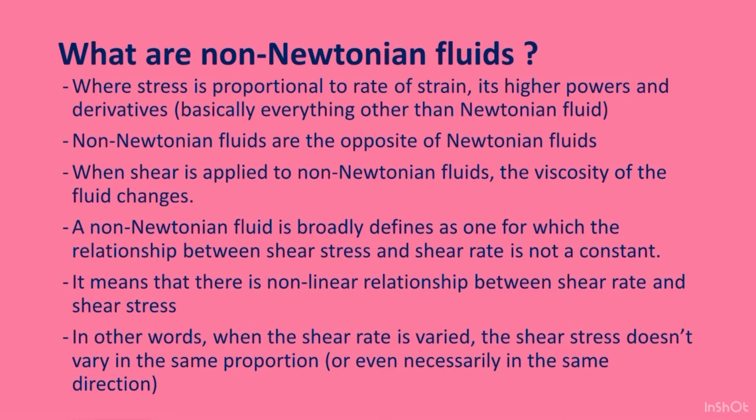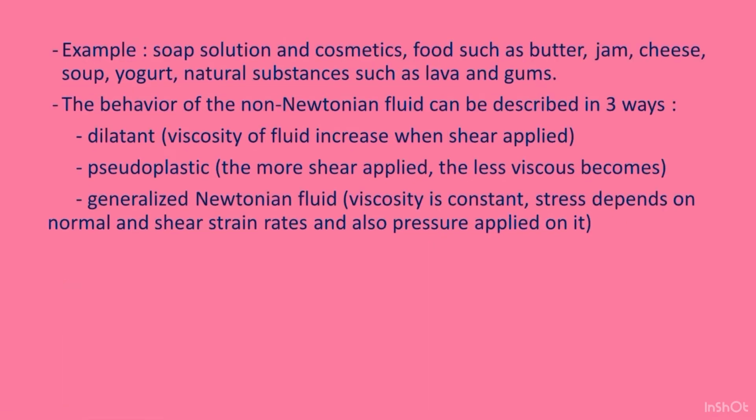It means that there is a non-linear relationship between shear rate and shear stress. In other words, when the shear rate is varied, the shear stress doesn't vary in the same proportion or even necessarily in the same direction. Examples are soap solution and cosmetic food such as butter, jam, cheese, soap, yogurt, and natural substances such as lava and gum.